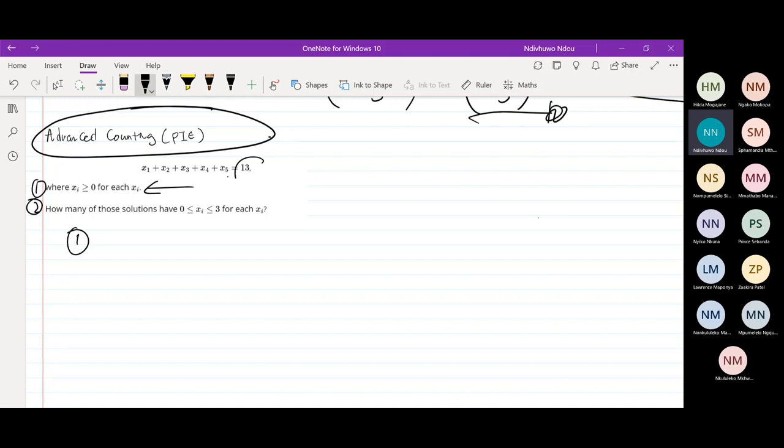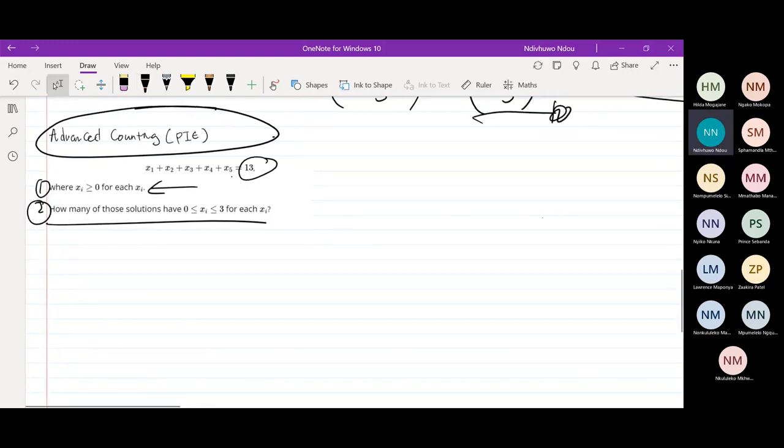You just go and check: your stars is still 13, your bars is still 4, 13 plus 4, 17, choose 4. Then we want to focus on this because this is beyond stars and bars. No, it's not beyond stars and bars. I think they said beyond stars and bars in the textbook, or maybe I'm confusing it with the arrangements, but it's still under stars and bars.